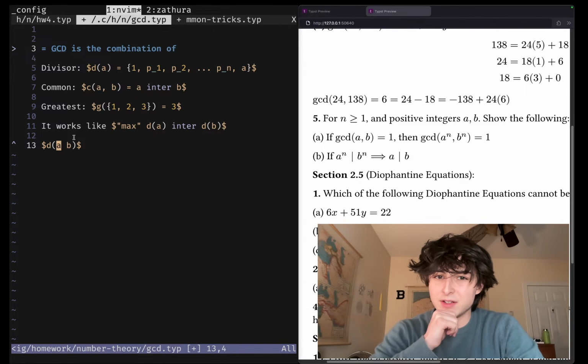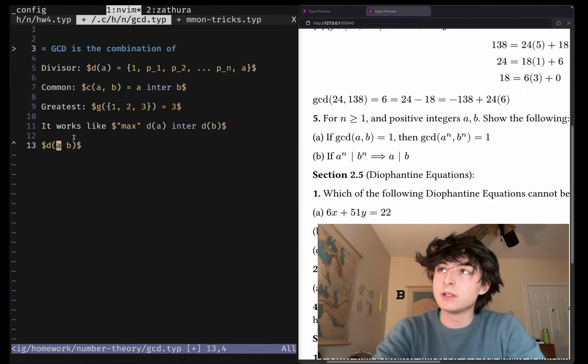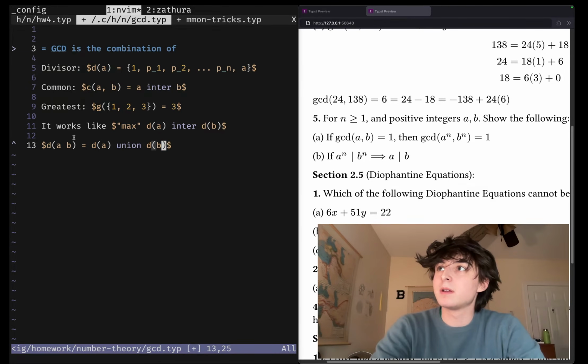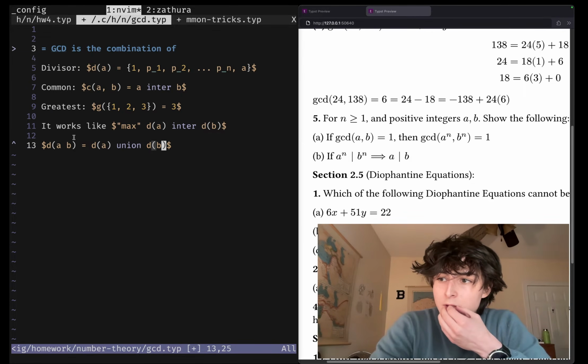Is it like the union? Does this equal D(A) union D(B)?